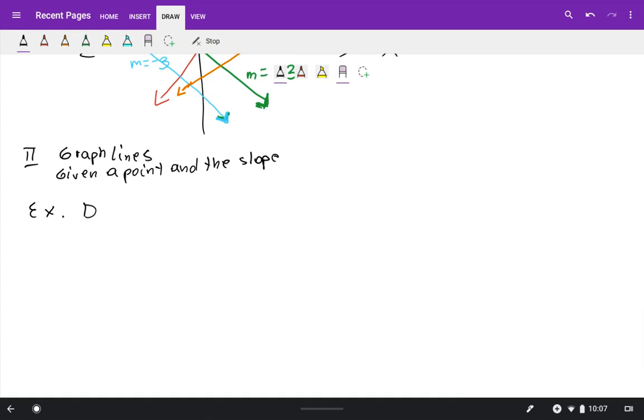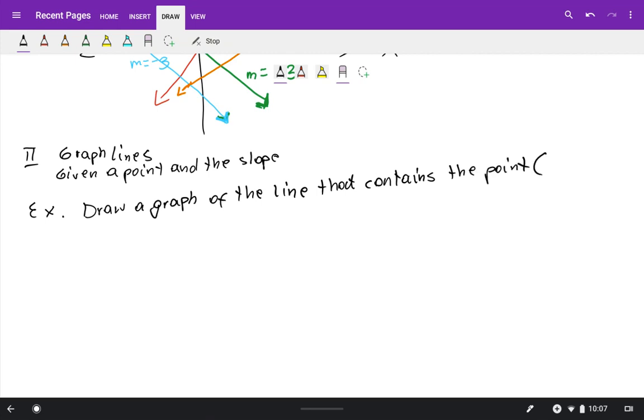Draw a graph of a line that contains the point (3, 2) and has a slope of, and we're going to do two examples here.